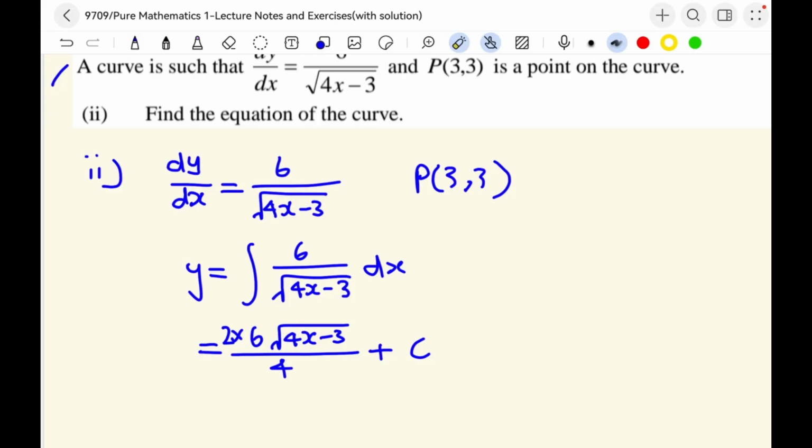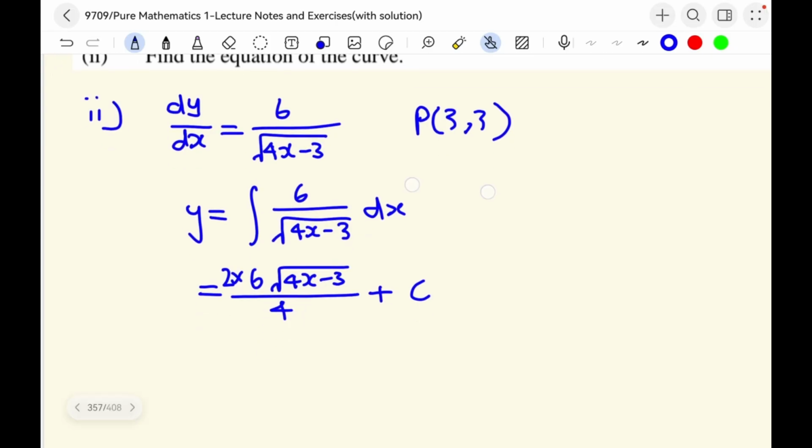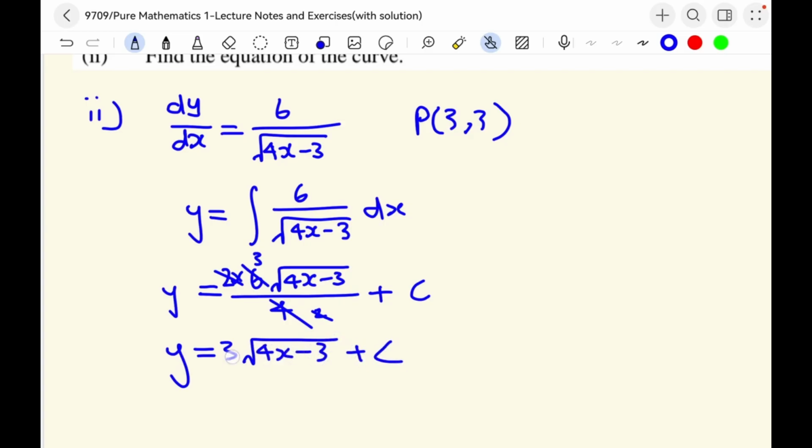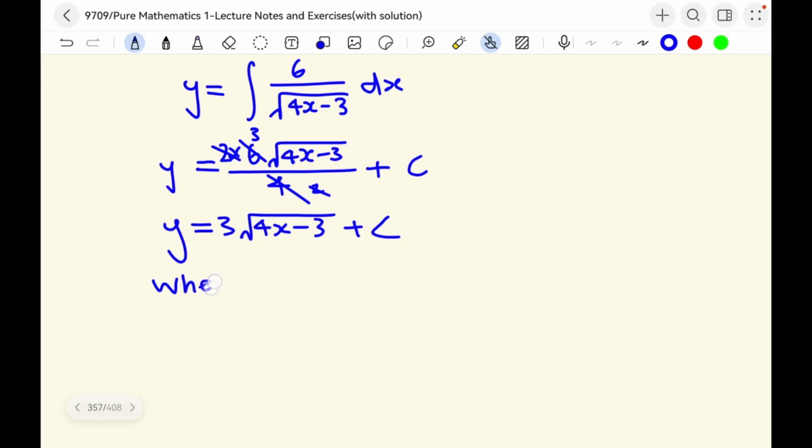Why we should plus c? Because it's an indefinite integral. So it's y equals to 3 square root of 4x minus 3 plus c. Now, we can say when x equals to 3, y equals to 3.